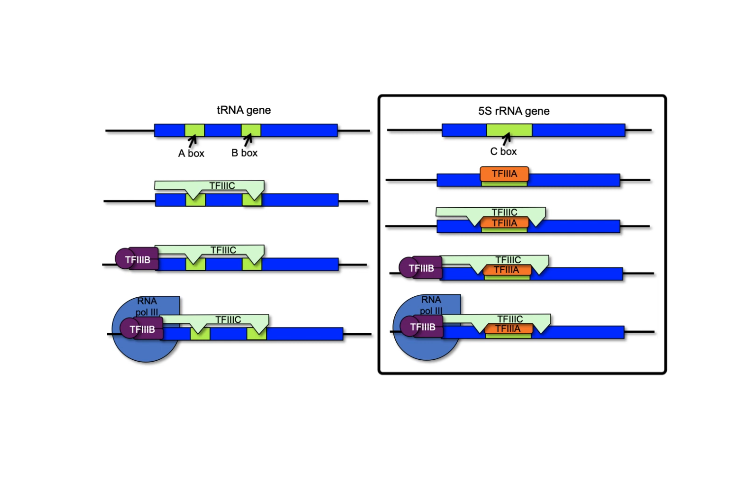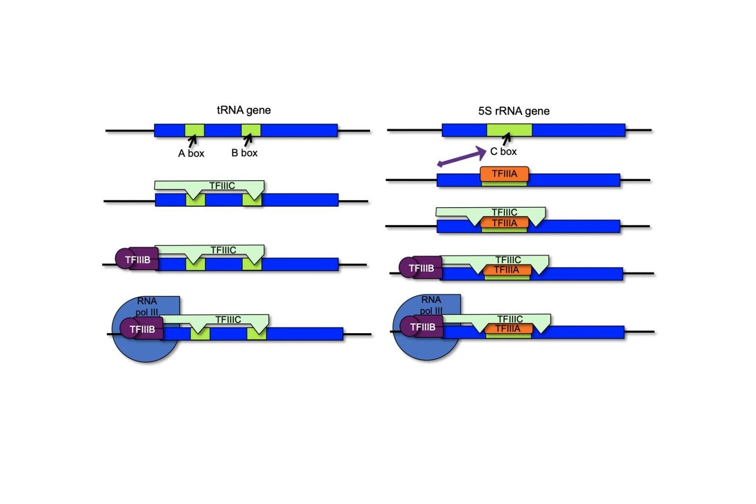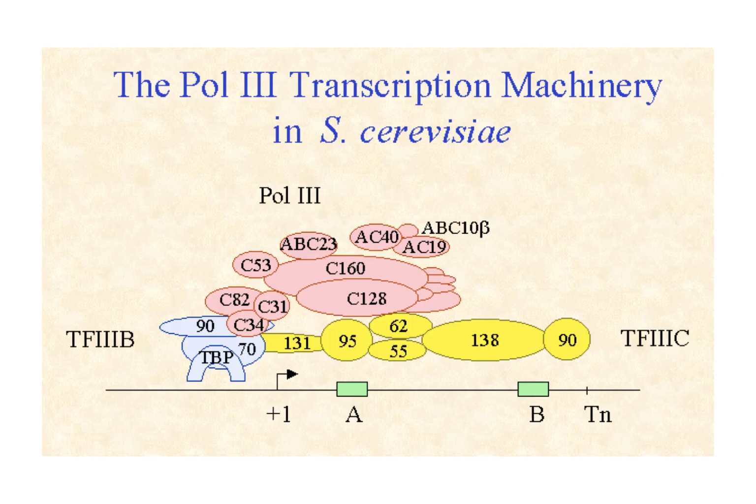In the case of a 5S ribosomal RNA, which is also transcribed by RNA pol 3 in eukaryotes, there's a C box, and in this case transcription factor A attaches to the C box. That attracts transcription factor 3C, which attracts transcription factor 3B, which attracts the RNA polymerase to start transcription of that gene. And each one of the transcription factors is actually more complex than that, consisting of several subunits.